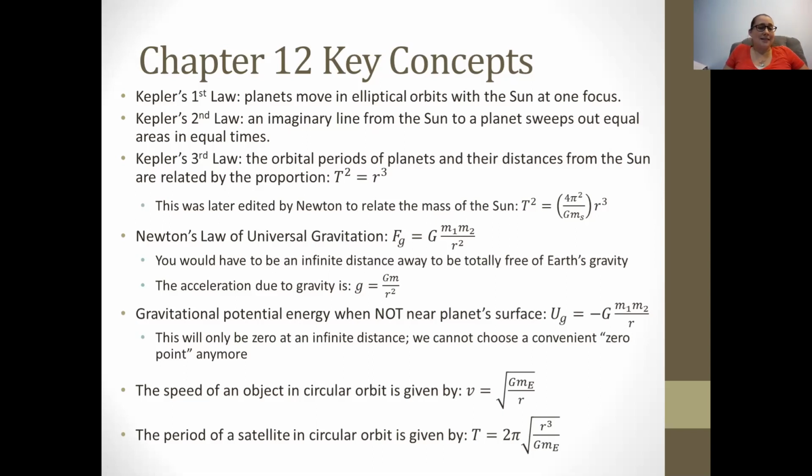We cannot necessarily choose a convenient 0 point anymore. Our 0 point is at infinity. Right, so our new way to calculate the gravitational potential energy is negative big G times the masses divided by the distance. And then we talked about the speed of a circular orbit. We talked about the escape speed. I'll add that in here too. Then we talked about the period of a satellite in a circular orbit.